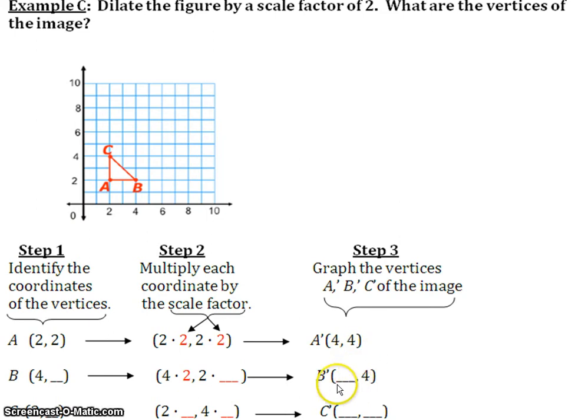Please complete B prime's coordinates and C prime's coordinates. Then graph these 3 coordinates on this graph up here. Label each of the vertices as A prime, B prime, and C prime. Now remember that this is a dilation, so the shape that you are creating has to be similar to the original.